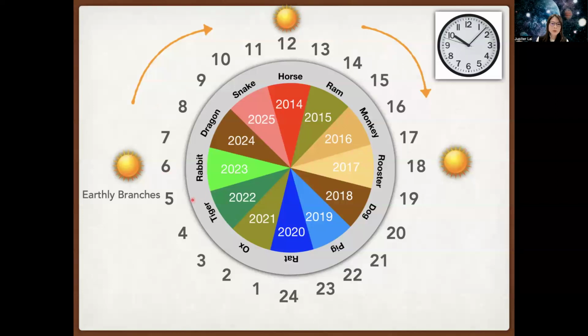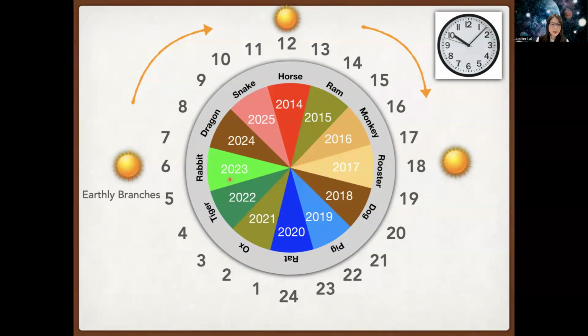The early time, from 5 o'clock to 7, is called the rabbit hour, because the sun goes through the whole circle in 24 hours. We divide the 24 hours into 12 slots, and each slot is 2 hours.